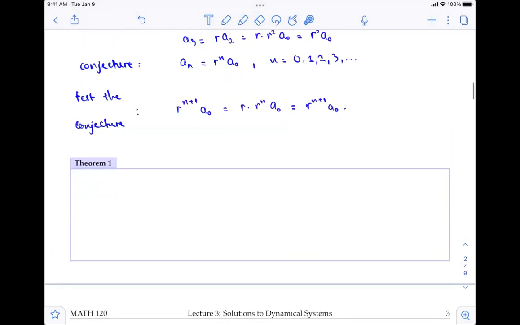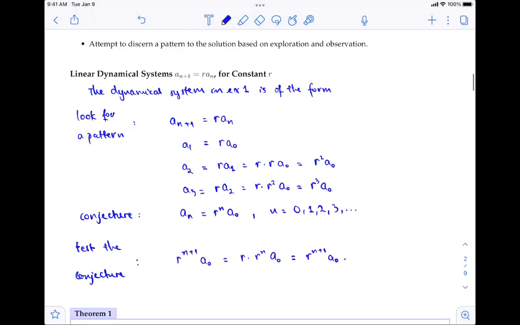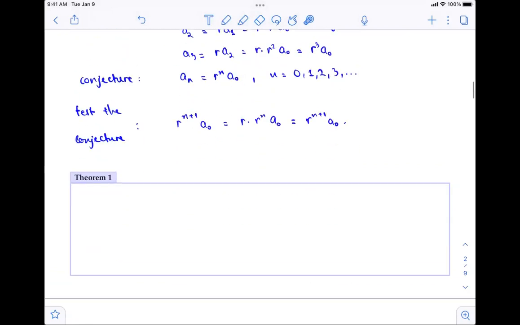Because we accept the formula for this linear dynamical system, I'm going to put this in a theorem.